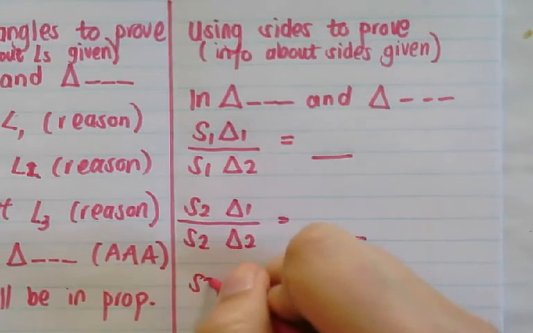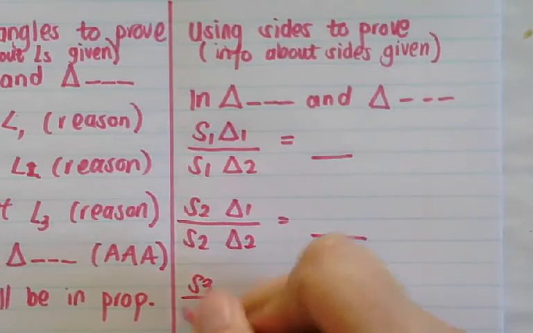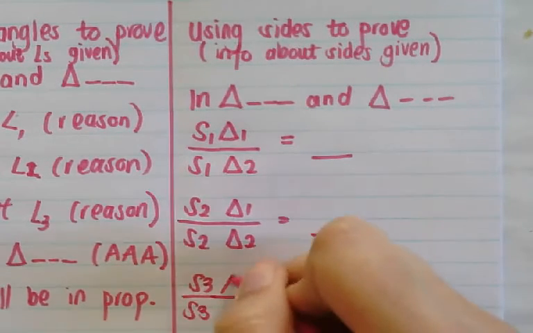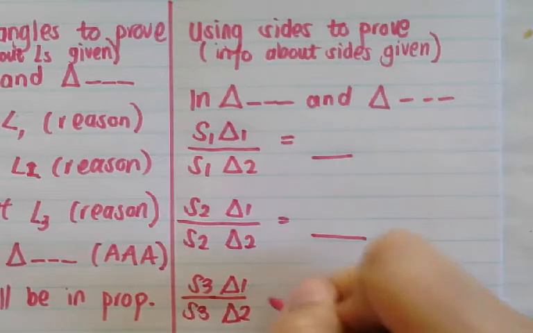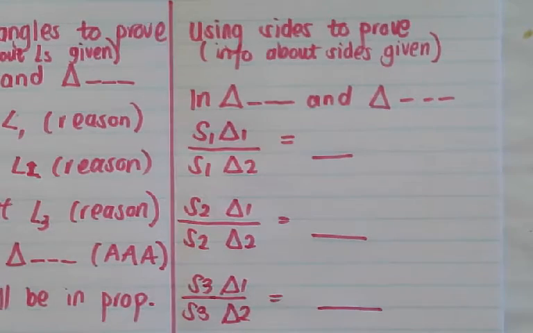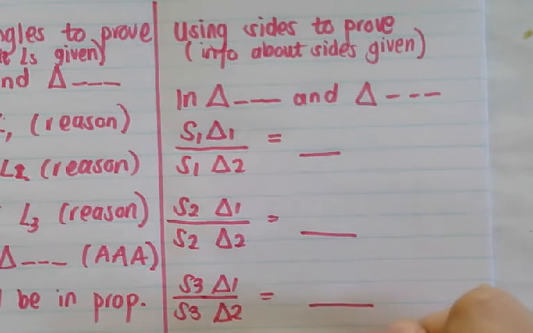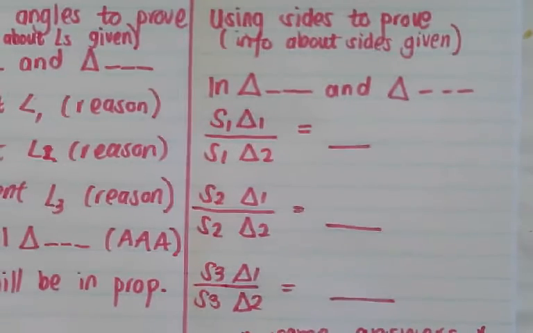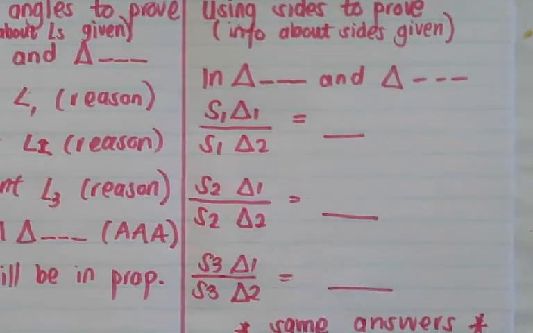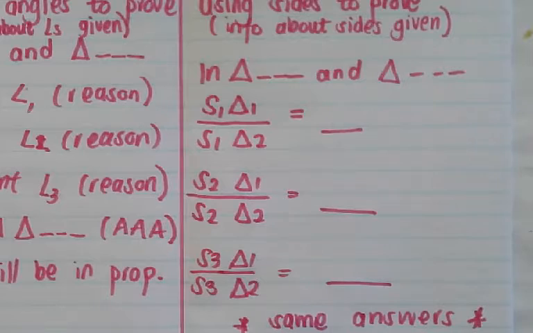And then my third set of sides of the triangle, from triangle 1, dividing it from triangle 2 and getting an answer. And these answers need to be the same for it to be similar. I'll let you get that down first. And then I'll write the conclusion.